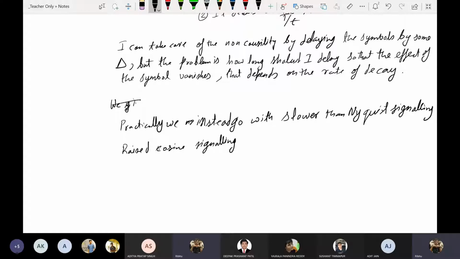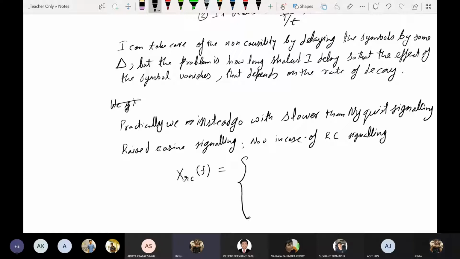Now the case of raised cosine signaling, RC stands for raised cosine.